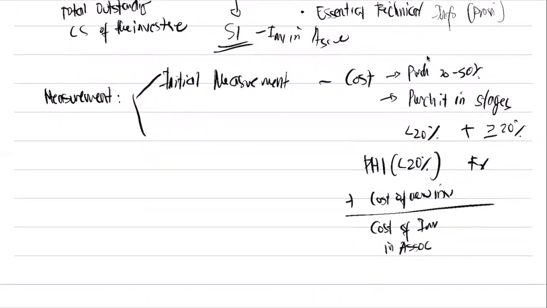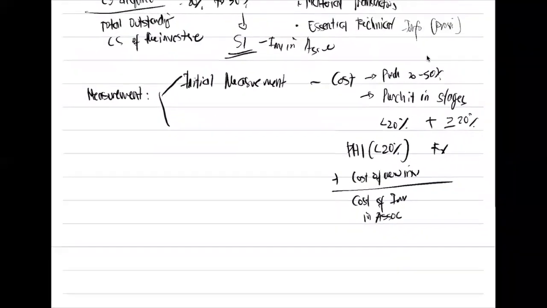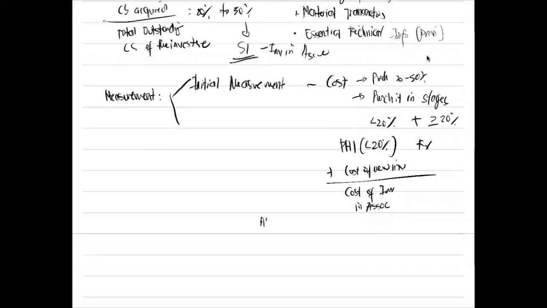Okay, so for example, ABC company has 10% ownership in XYZ company with a carrying amount of 500,000.